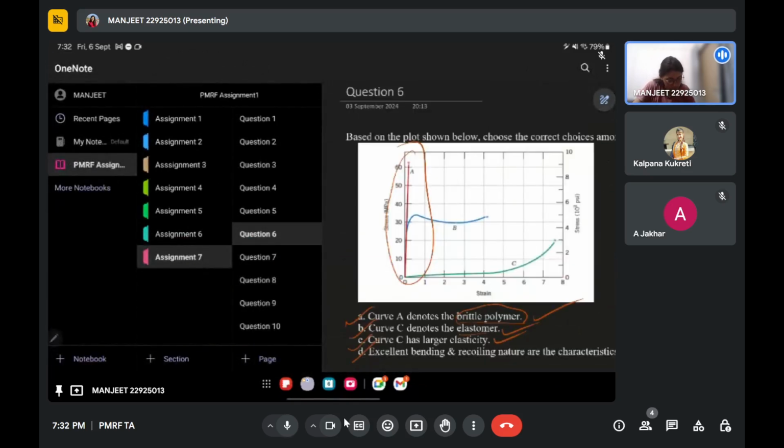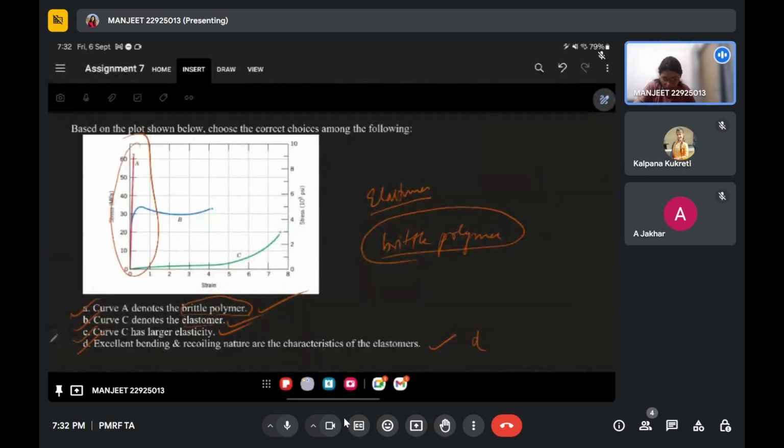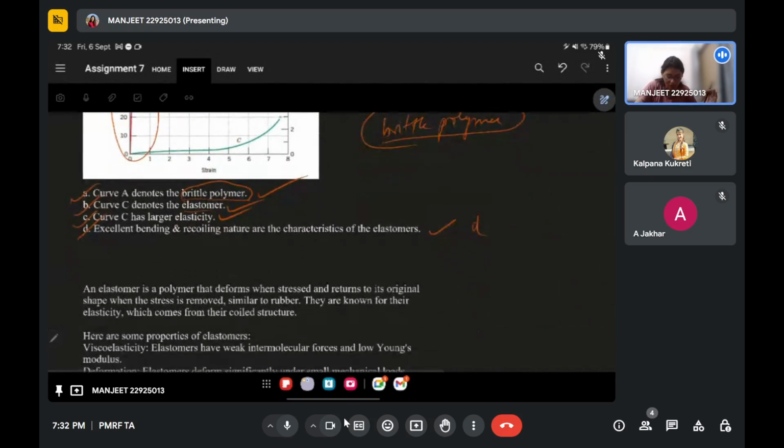From the seventh question onward, we discussed XRD. In 16 we discussed the elastomer. Which one is the great elastomer? Basically, elastomers deform when stressed and return to their original position when the stress is removed.